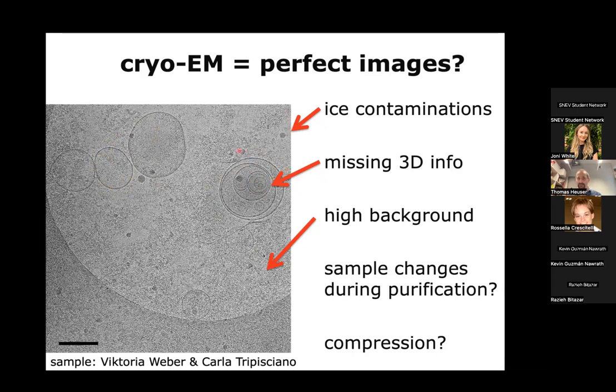So this means from this image here, all the 3D information is put into one layer, and I might have a good guess that this is really one EV inside another one, but it could also be one EV on top of another one. From this single image, I could not prove that this vesicle we see in here is actually inside the larger vesicle or would be on top or on the bottom of it.